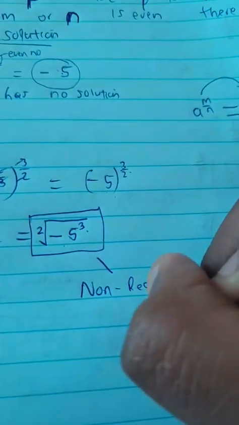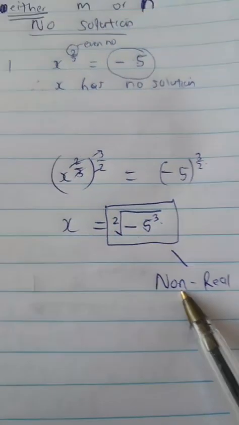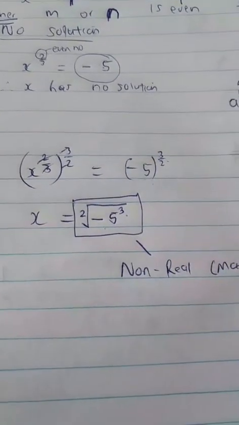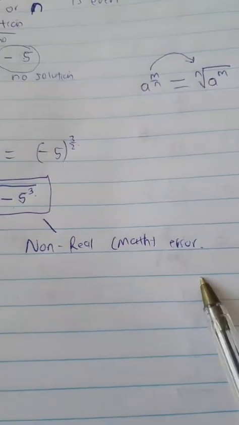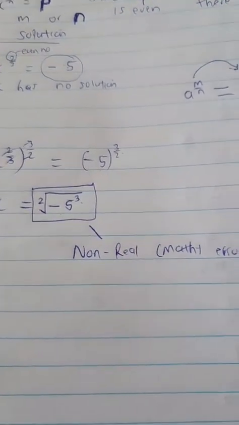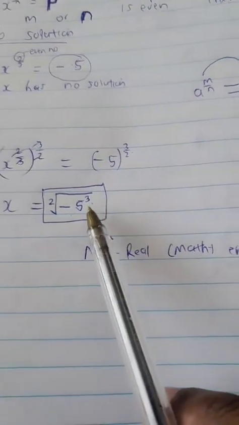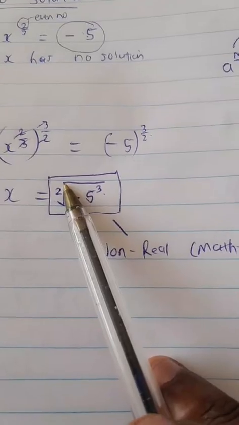And I want us to be very clear about our definitions. This is not undefined. It is non-real. When you get your maths error in your calculator, and this is something I'm trying very hard to explain to the grade 9s and the grade 10s, as I am doing whole numbers and rational numbers with them, any negative number underneath an even root, guys, is not undefined.